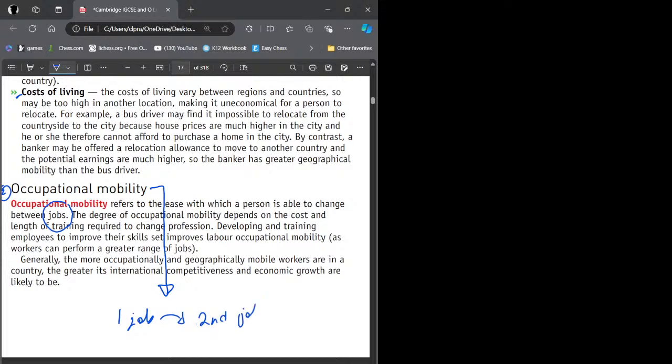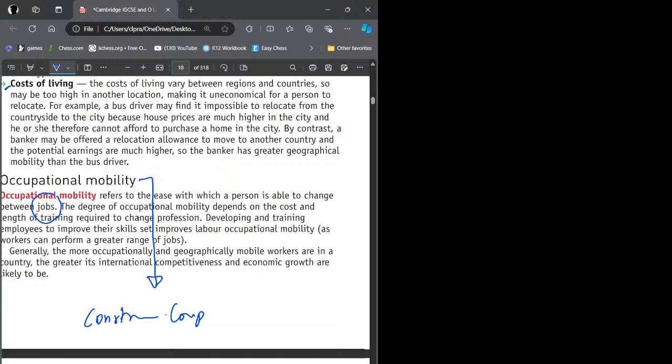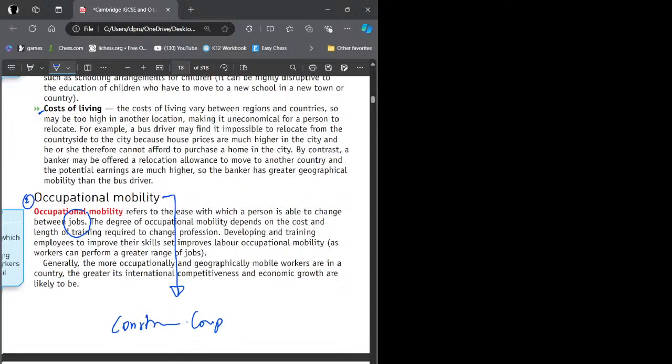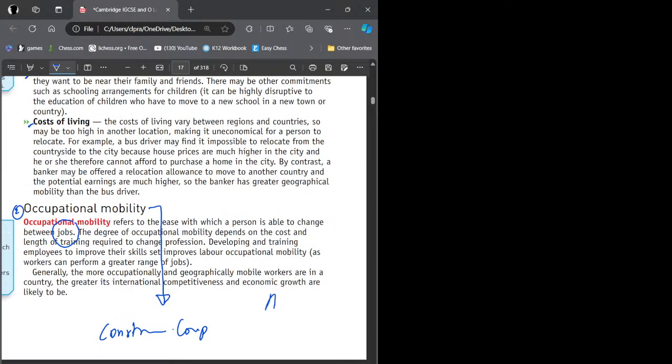So let's say your first job was working in a construction company, and there's another job open for, let's say, an accountant in a big firm. Now, this construction company worker cannot go and become an accountant in a big firm. He doesn't have the right skills that are needed for being an accountant, right?